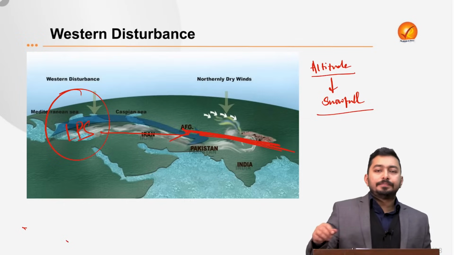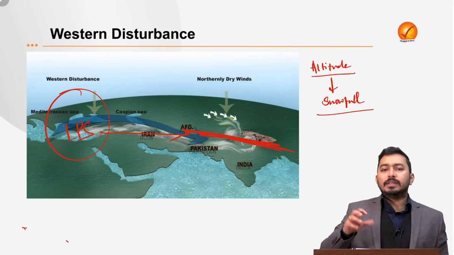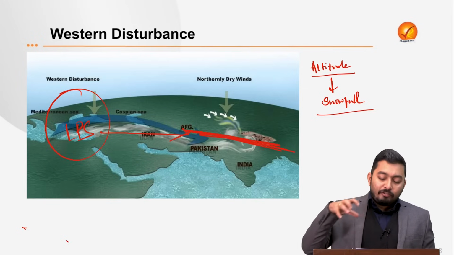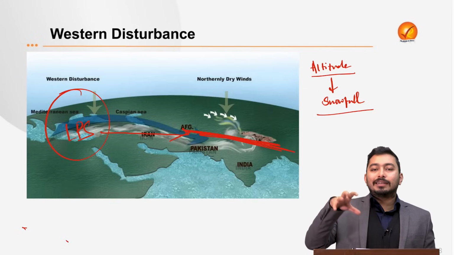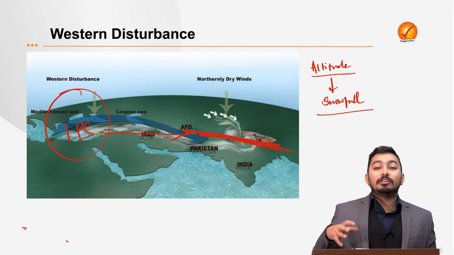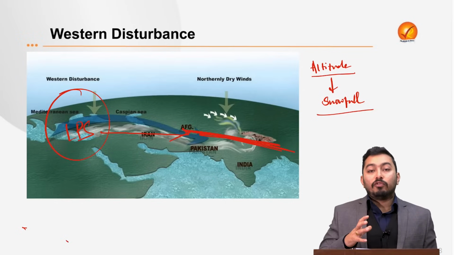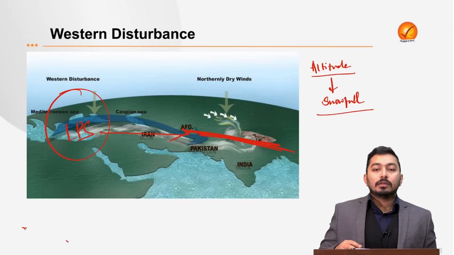Now this year, this western disturbance has been completely impacted. This flow of snow that comes when? It comes in winters. So you have snowfall in Kashmir, you have snowfall in Manali, in Lahul Spiti. When? During winters.